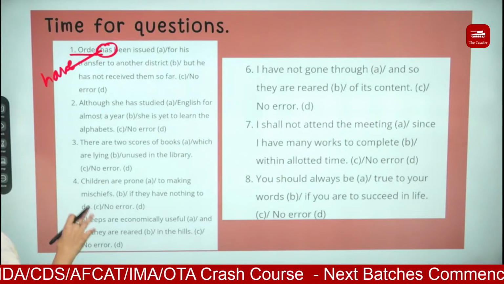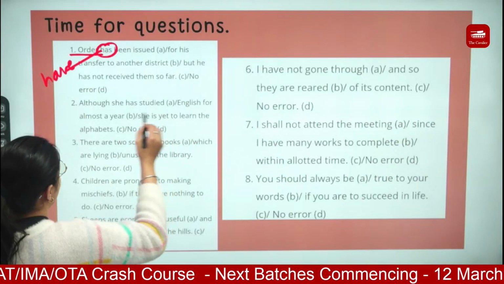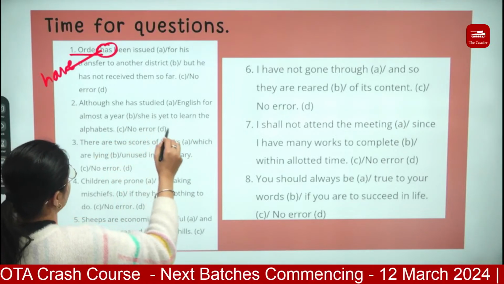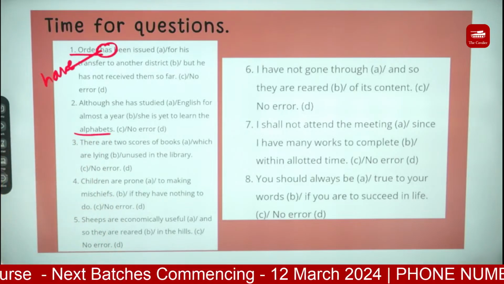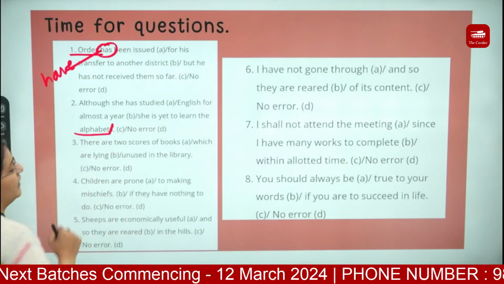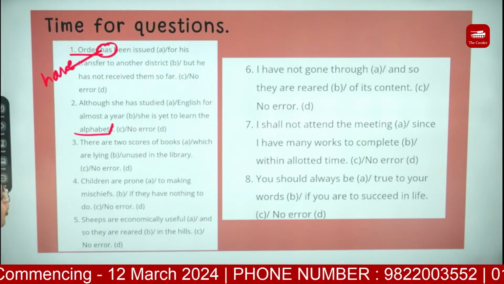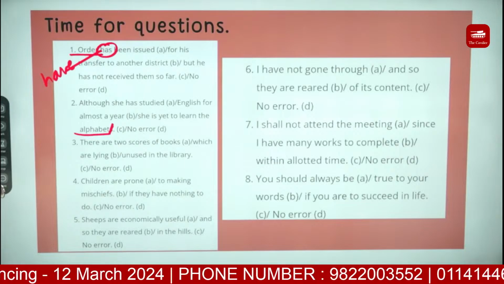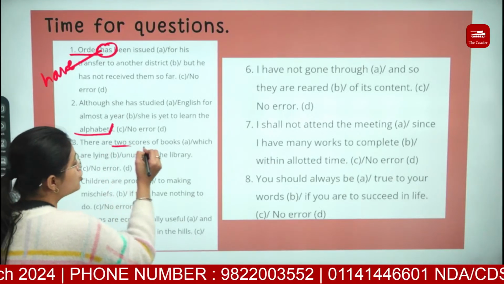Okay, now let's look at it. Although she has studied English for almost a year, yet to learn the alphabets. There is no term like alphabet. It's always alphabets. Okay. Next, there are 2 scores of books which are lying unused in the library. 2 scores.